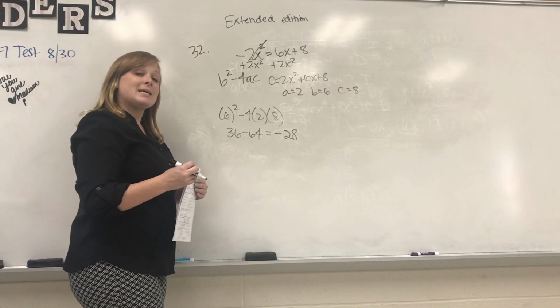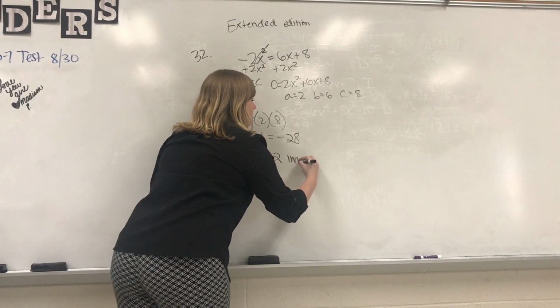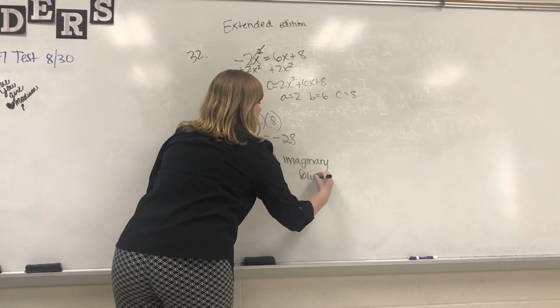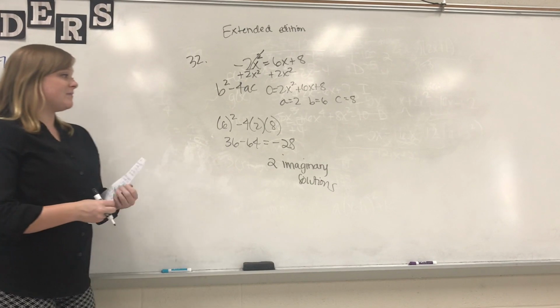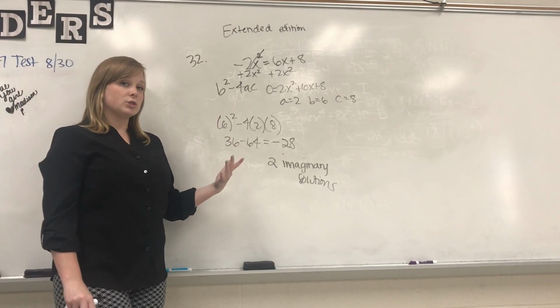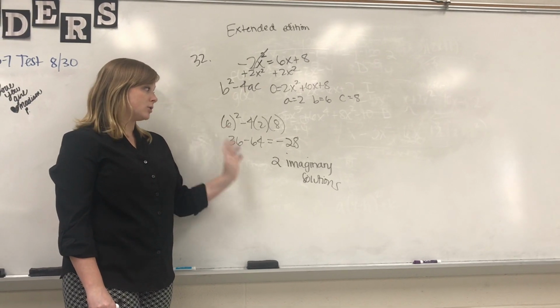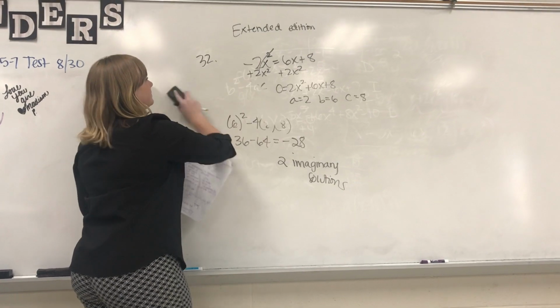Remember, if my discriminant is negative, that's what's under the radical, which is going to give me 2 imaginary solutions. Okay. So, if it's positive, it would be 2 real solutions. If it's equal to 0, it would be 1 real solution. But the discriminant gave me negative, so 2 imaginary solutions. 33.